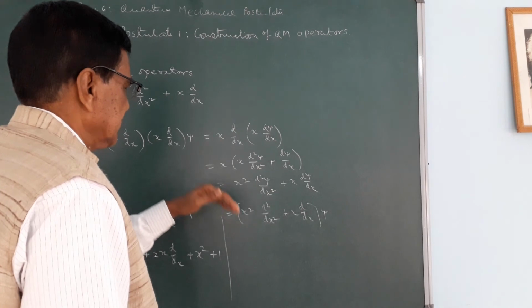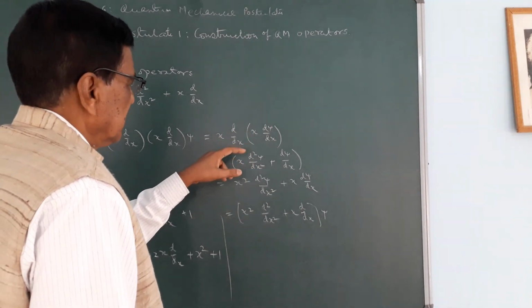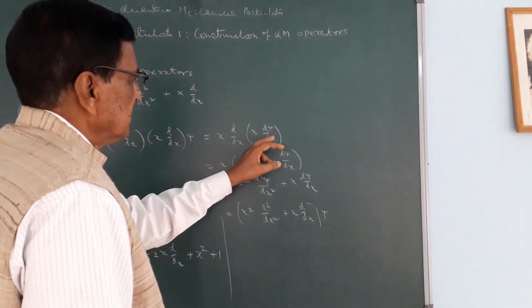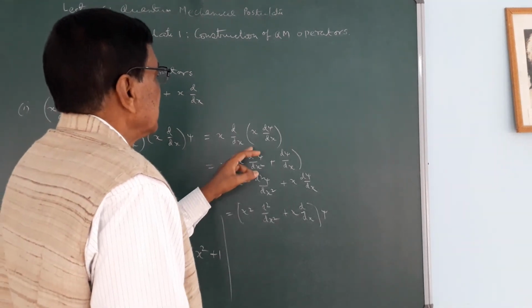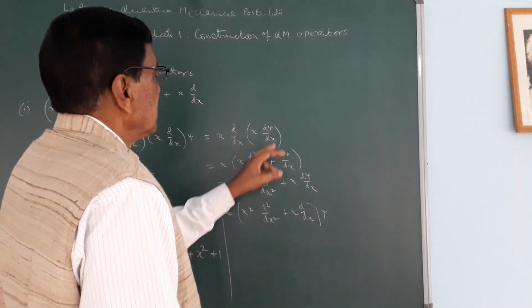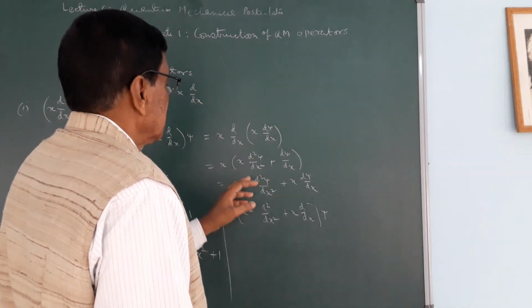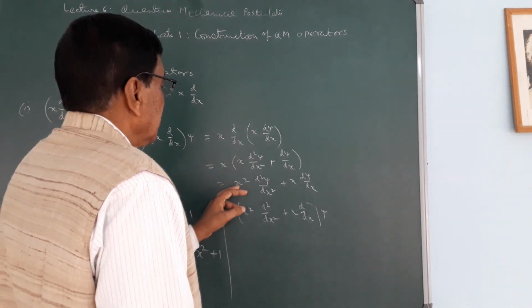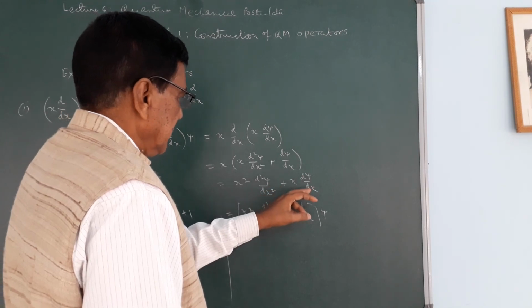Then again in the next step, whenever differentiation is done on the multiplication of these two quantities, it will be x d2 psi by dx square plus x with respect to 1 and d psi by dx. So multiplying x, we get x square d2 psi by dx square plus x d psi by dx.